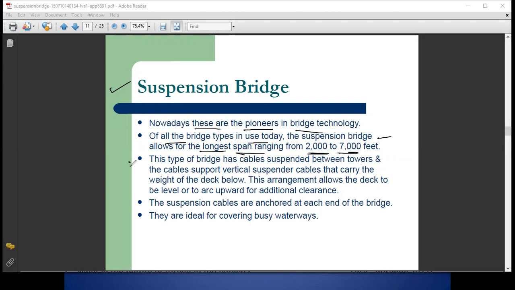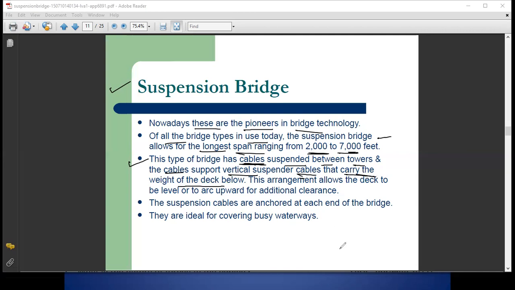This type of bridge has the cables suspended between towers, and the cables support the vertical suspender cables that carry the weight of the deck below.